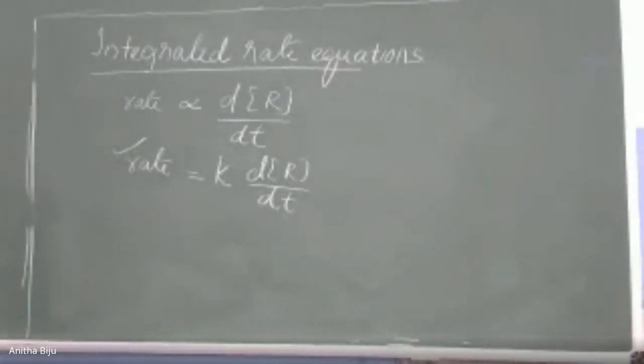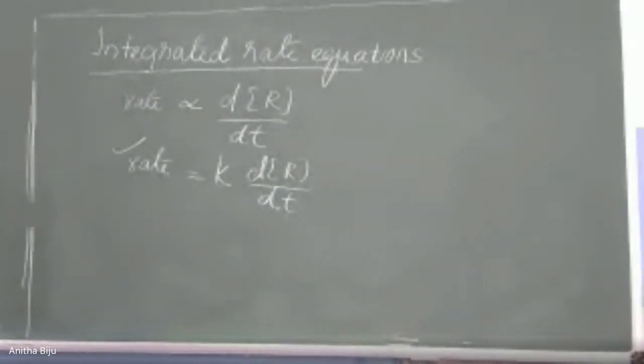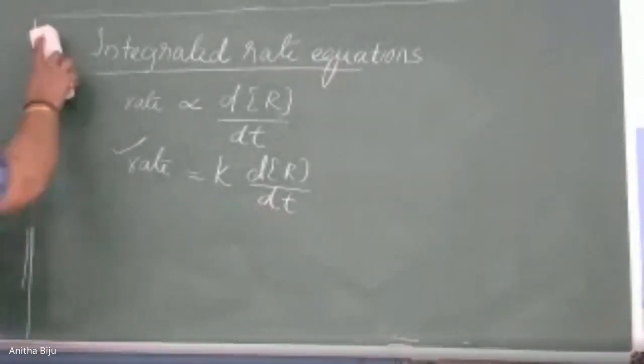Okay. So we have learned that the order of the reaction may be zero, may be a fraction also. So first of all, we will focus on the zero order reaction, how to find out the differential equation for a zero order reaction. So you can put the heading zero order reaction. Zero order reaction.